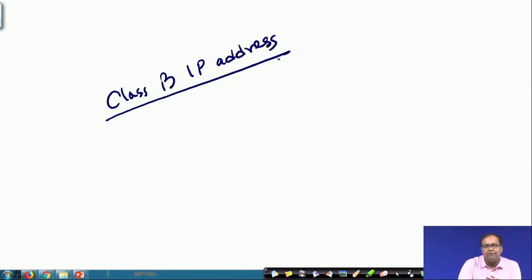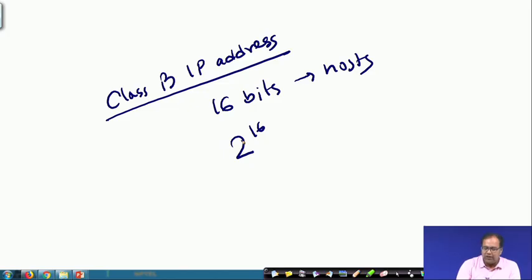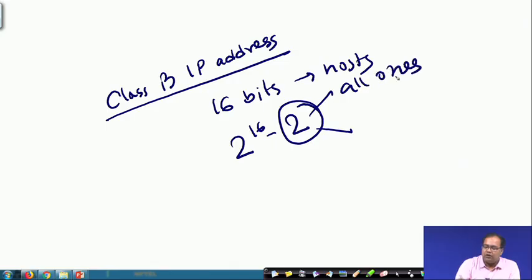in a class B IP address, you have 16 bits for the hosts. So, that means the number of valid hosts is 2 to the power 16 minus 2. Again for these two, we are omitting all ones, which is the broadcast address, and all zeros, which is the network address.